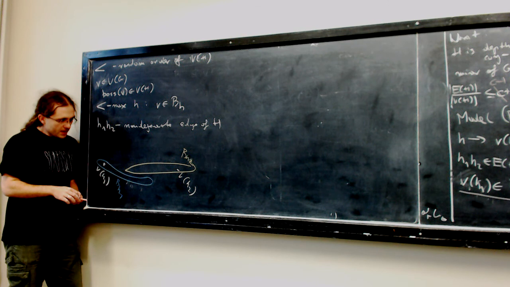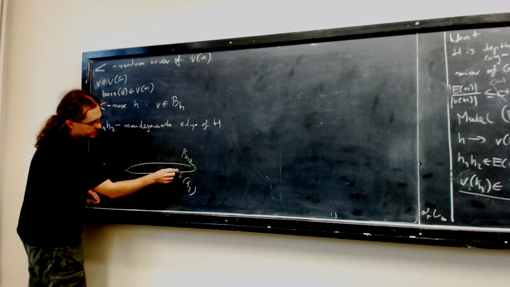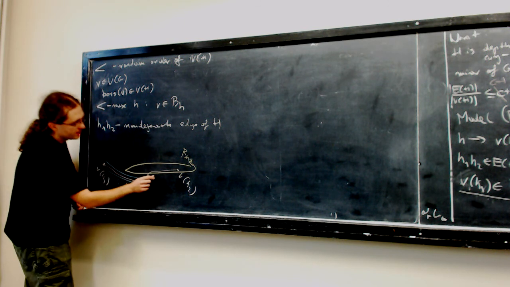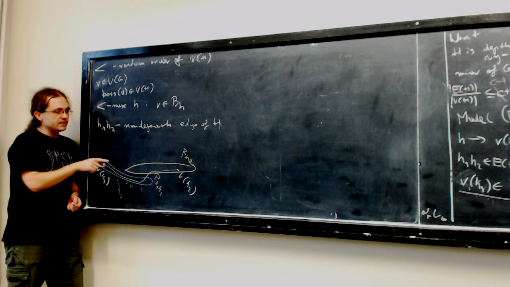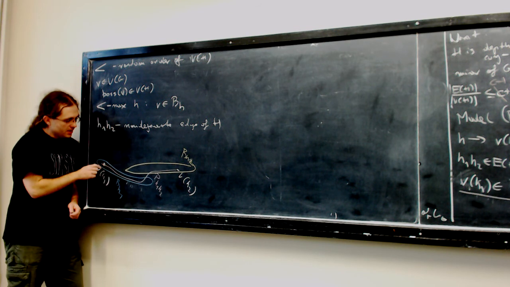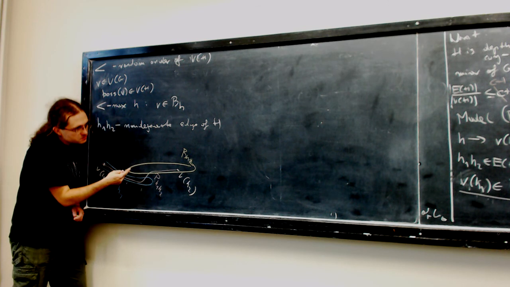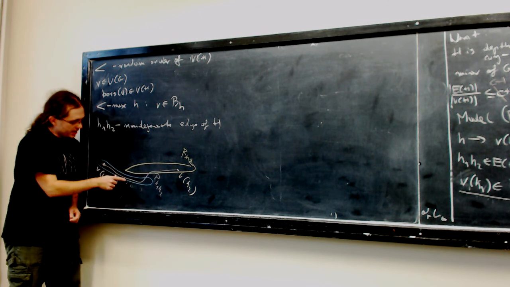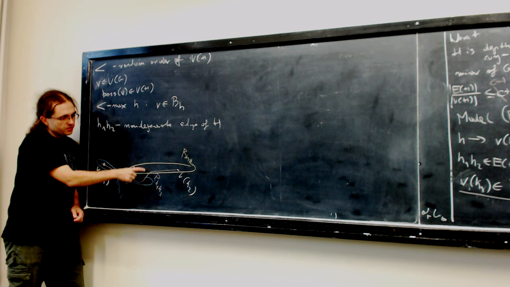And now I want to draw here a path. I can take a color and go up there, and then jump here and go here. So this is some path P of H1, H2 corresponding to this edge, and I want to say that this path is good if whenever I'm on this path, H1 is the boss here, H2 is the boss here, and either H1 or H2 is the boss where they overlap.